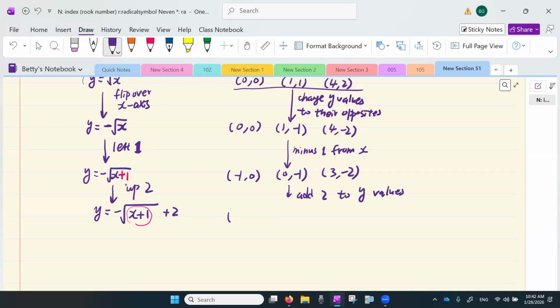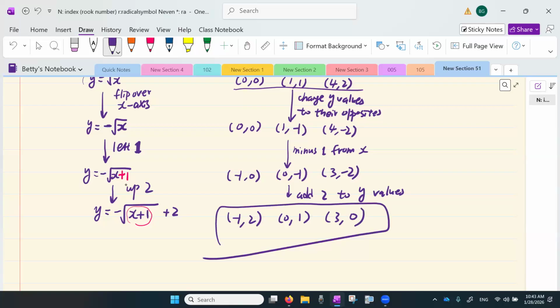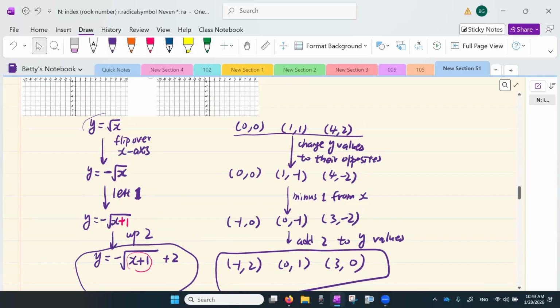X remains the same. 0 plus 2. -1 plus 2 is +1. -2 plus 2 is 0. With those 3 convenient points, you are able to choose the correct graph for this function. Is that clear, everyone?